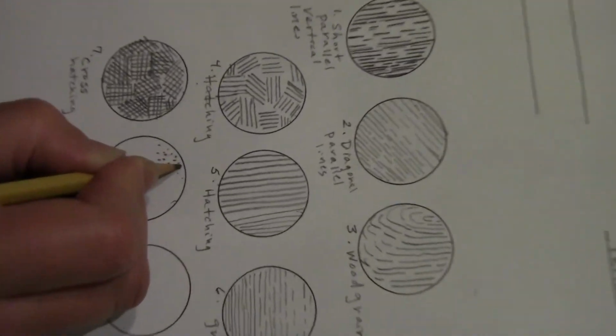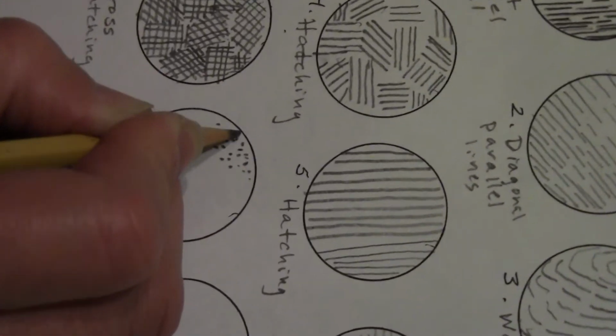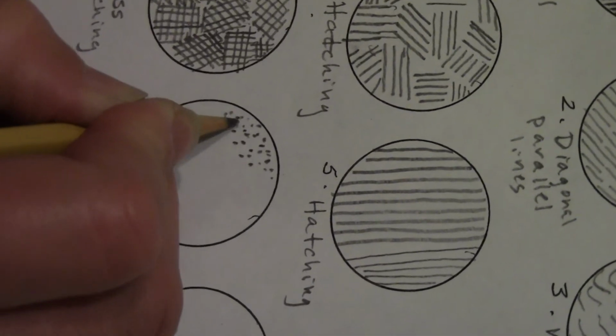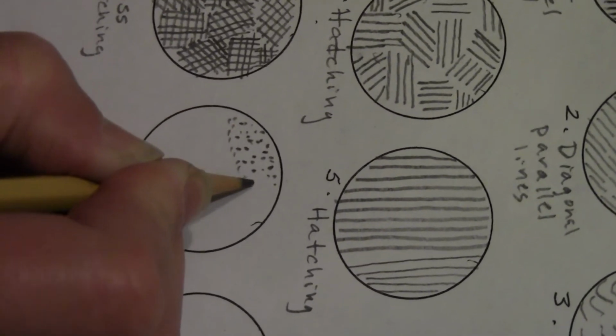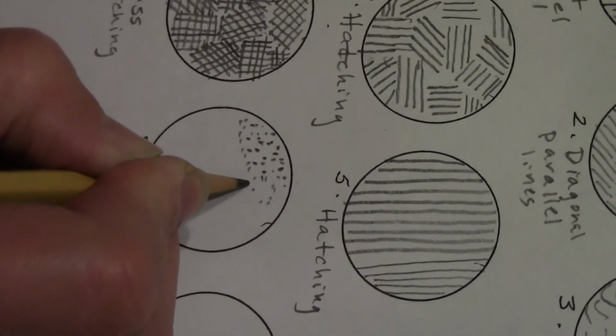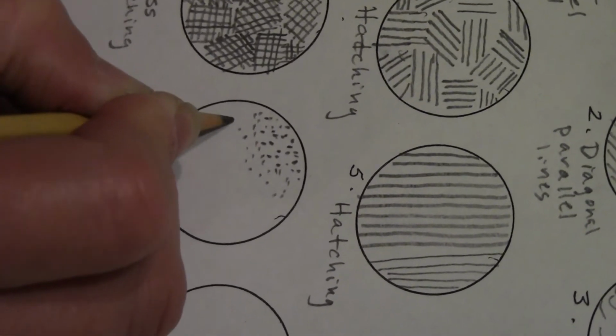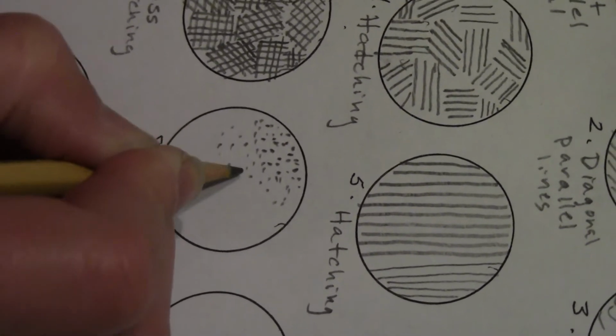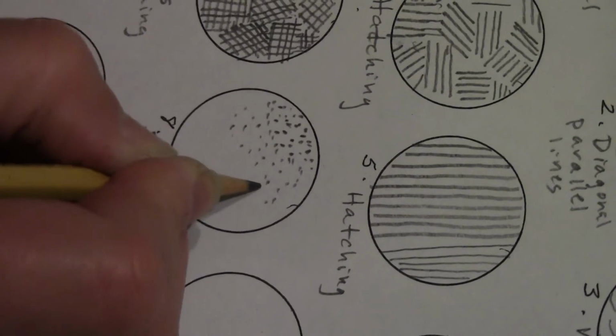So remember, when I'm using pen and ink, the more dots, I don't have to bang my pen or bang my pencil into the tabletop or onto the piece of paper. The more the dots, the darker the value. So the closer together, the darker the value. And the more spread out the dots, and they're in a random pattern.